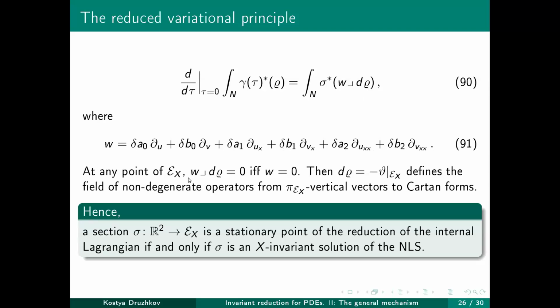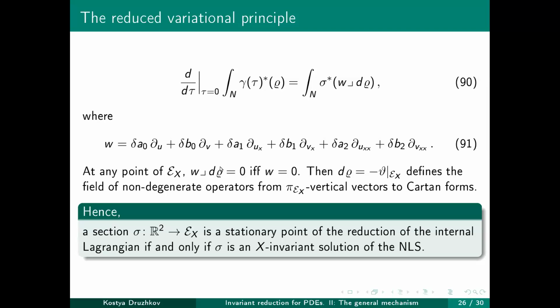So now at any point of epsilon x, this vector field vanishes if and only if its vector is 0, right? So we can use it just to establish the non-degeneracy. We don't need to use precisely this vector field, but in this case, we can use the same vector field to establish that the form is non-degenerate on fibers.